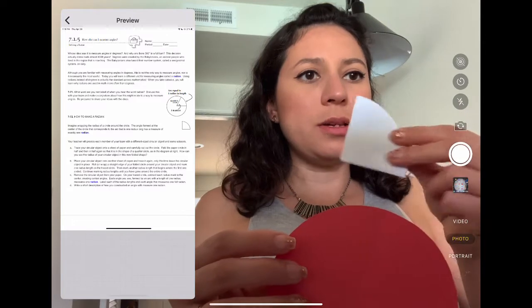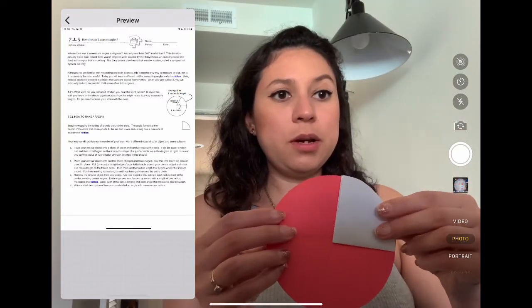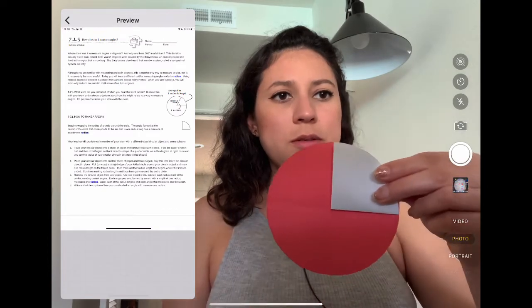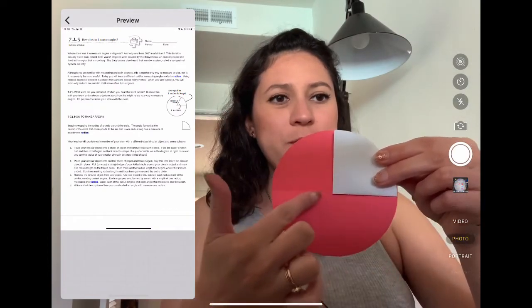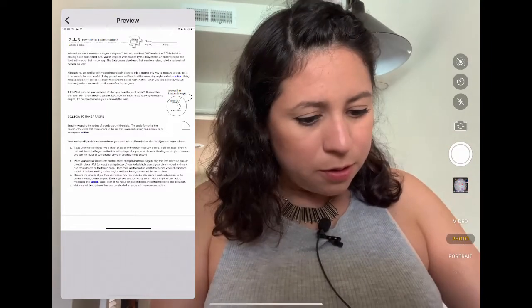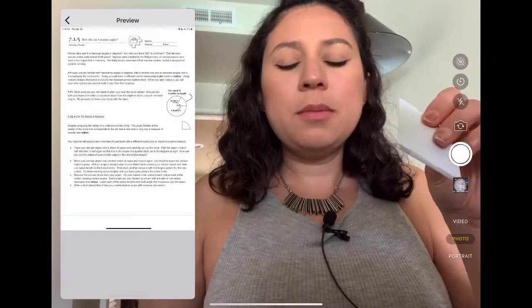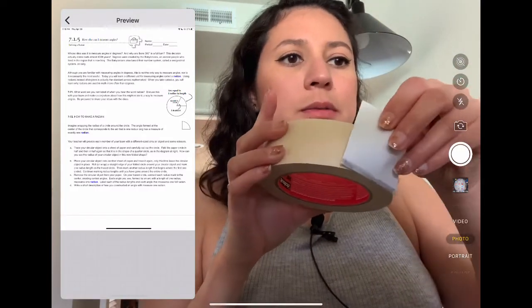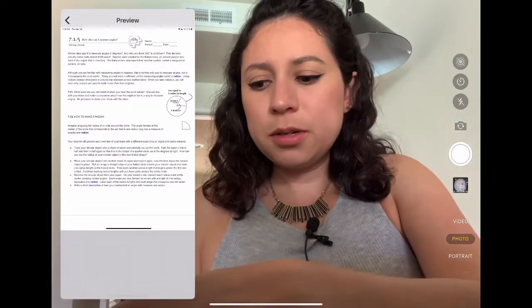What part of this is the radius? Okay, so I'll even put it right here. It's a little bit more obvious, right? Or this side. So there's your radius. My shaded side, that's my radius. And I'm gonna wrap it around the edge of my object and mark it on my paper.